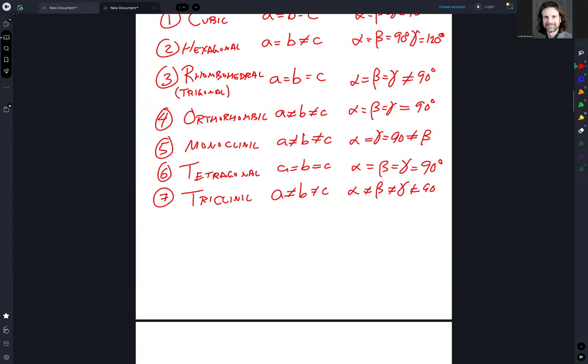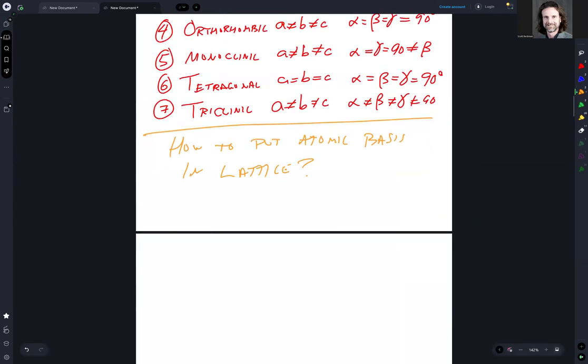The next question becomes, how do we decorate this lattice? How do we put the atomic basis in? And we do that by defining a lattice point, which is a fixed place in the lattice, and then we define our atomic basis relative to this point.